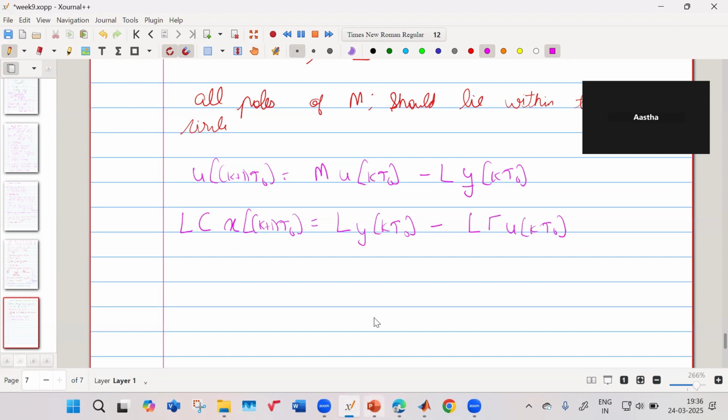So these are the expressions. Then they found LC should be equal to F, and M should be equal to L gamma.